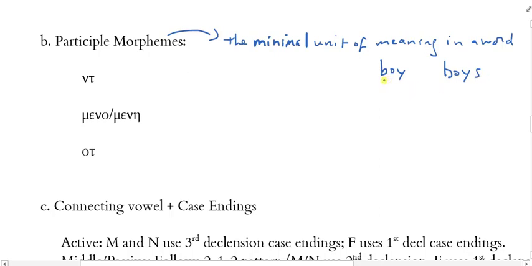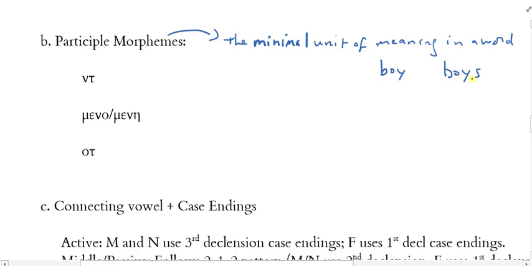How many morphemes do I have in boy? I have one. I can't chop the B off from the oy, although I imagine there were probably many a Jewish mother who used the word oy right next to the word boy. Oy vey, boy. But this is as small as I can get with this word and have meaningful units.